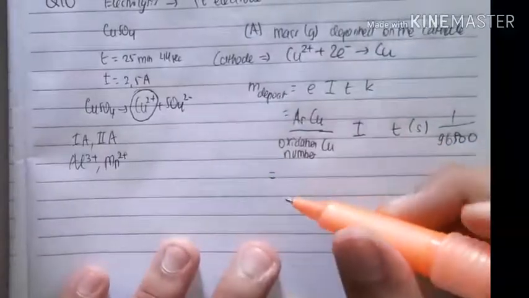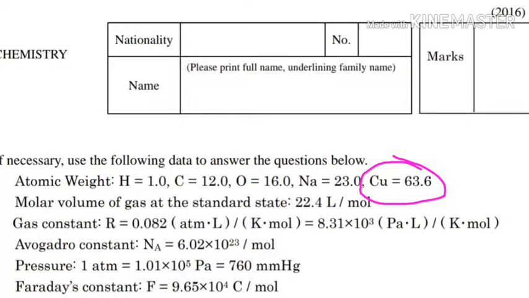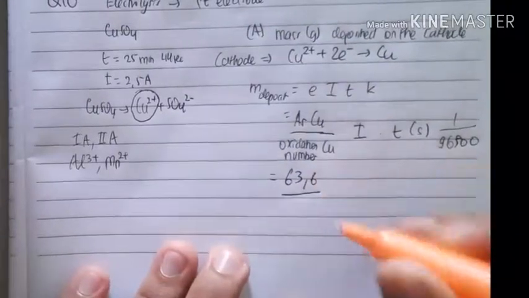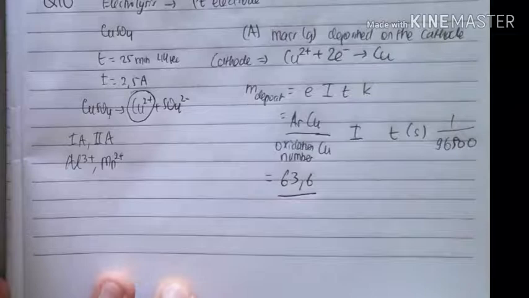Okay, and if you see at the top of the paper, the atomic weight of copper is 63.6. Now, how do we find the oxidation number of copper?